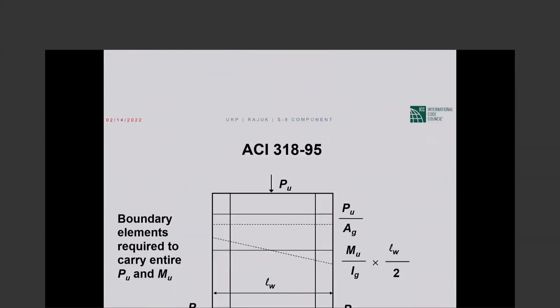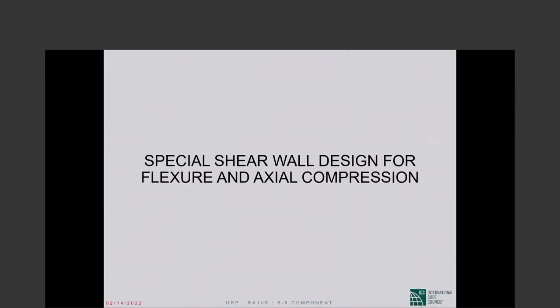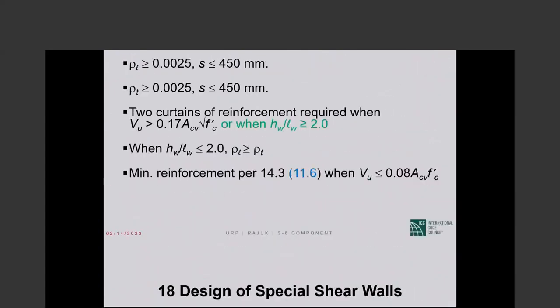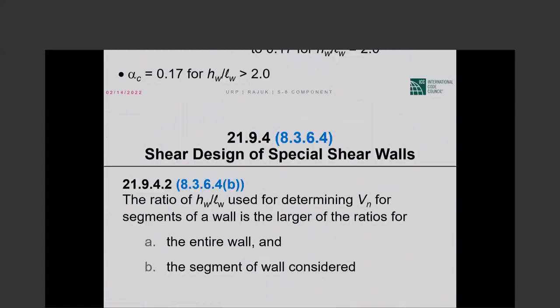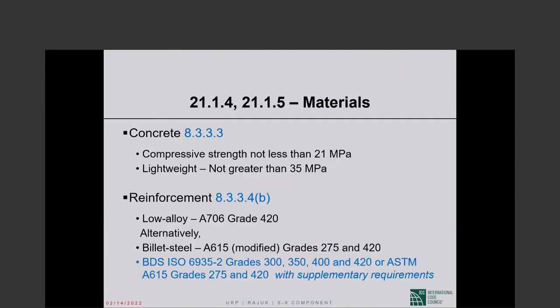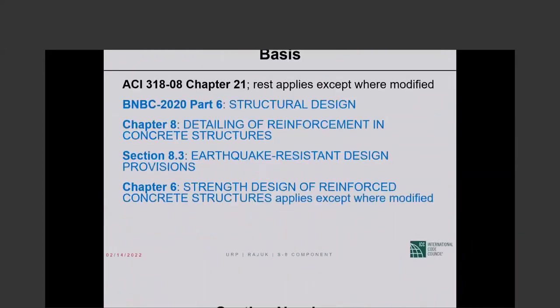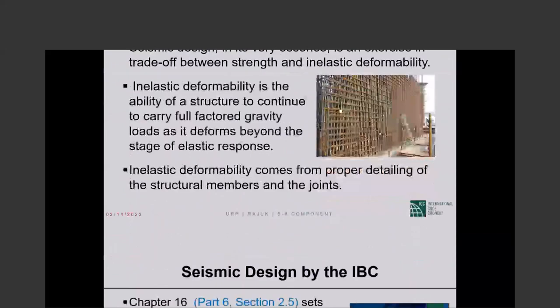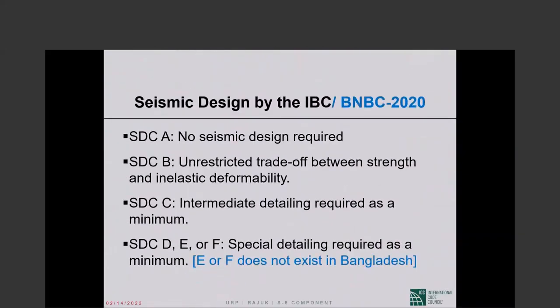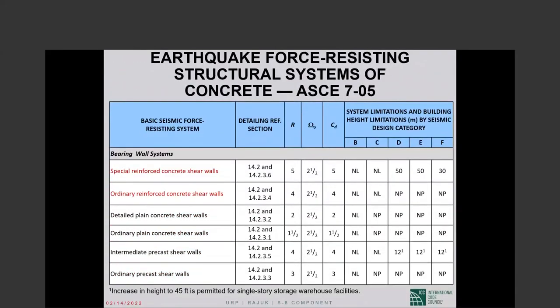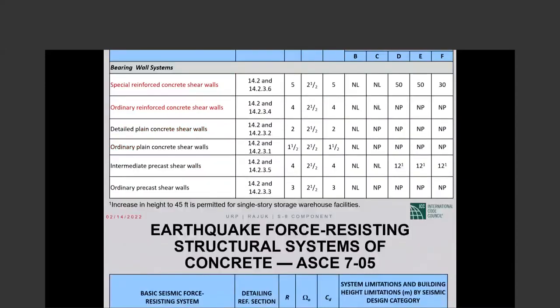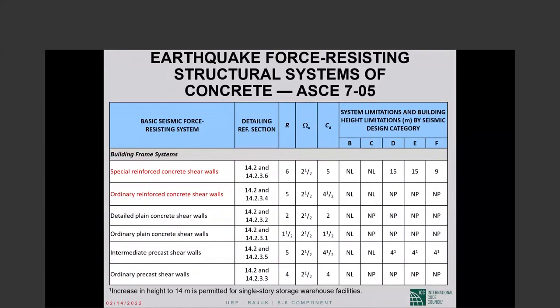The last part I didn't quite catch. If I choose a dual system comprising an intermediate moment resisting frame with special or ordinary shear walls, and the seismic design category is D, how should we detail the frames and shear wall? Should we follow special detailing for frames and shear wall?